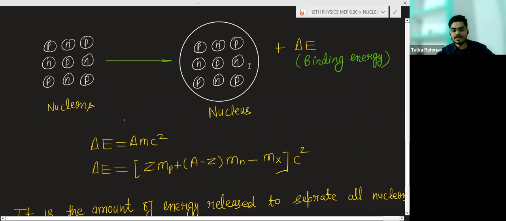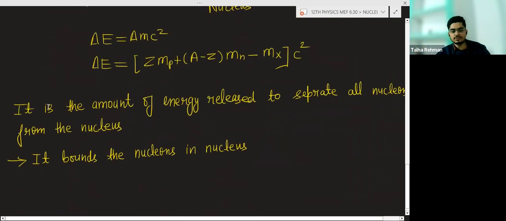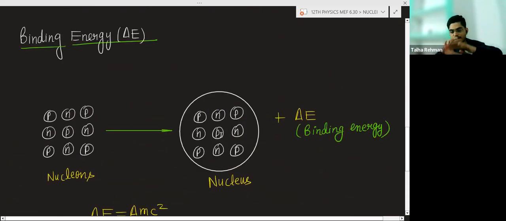So we define binding energy in this way: it is the amount of energy required to separate all nucleons from the nucleus. These nucleons are bound together due to the binding energy.